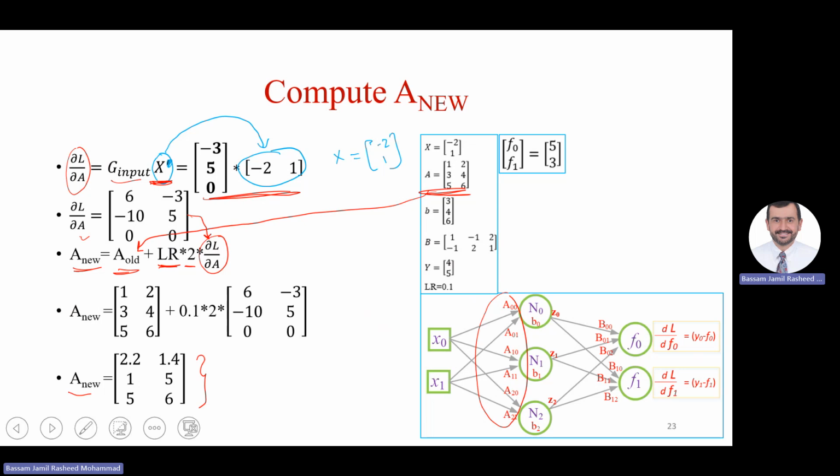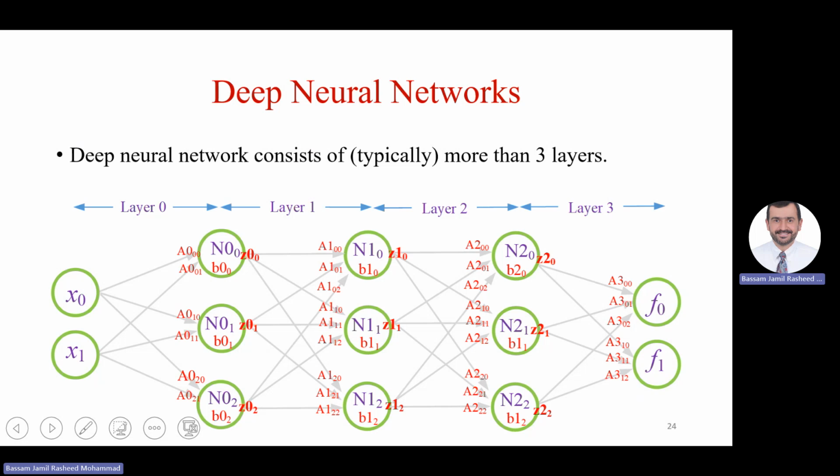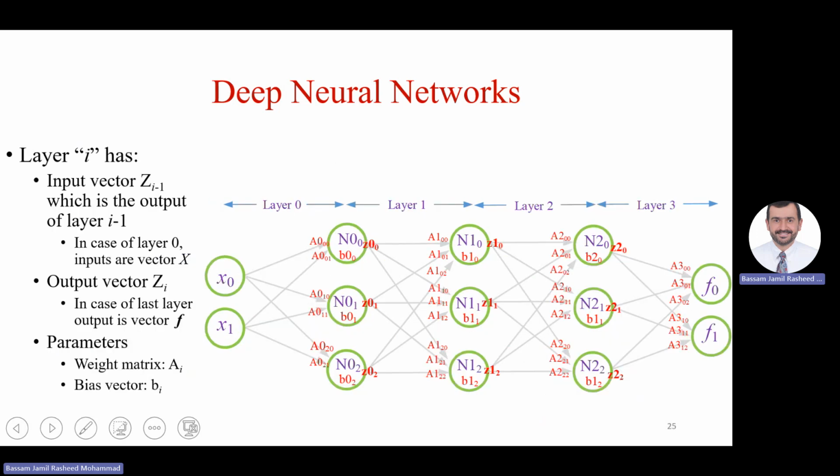Okay, now let's generalize what we have discussed. Suppose you have a neural network, a deep neural network, sorry, and you have many layers. You have layer 0, layer 1, layer 2, layer 3, etc. Now, what we could do is say, well, you know what?